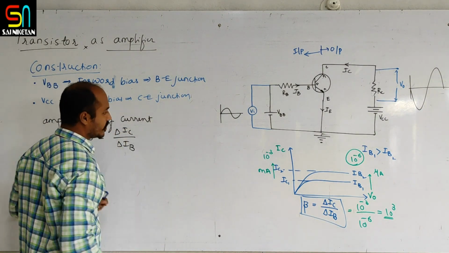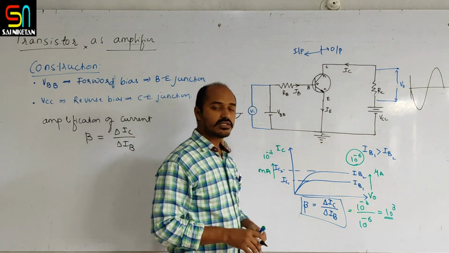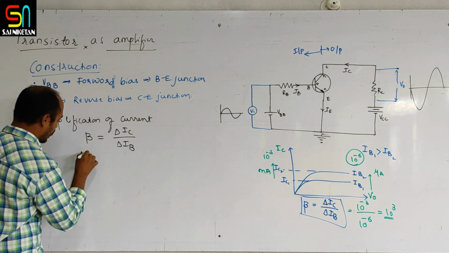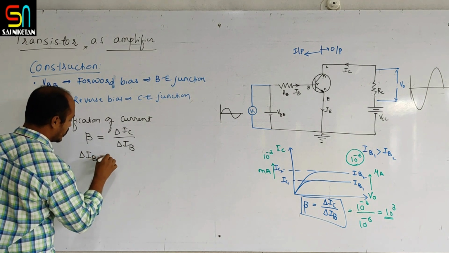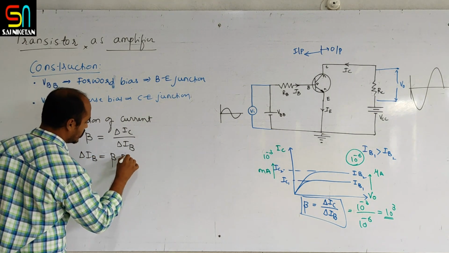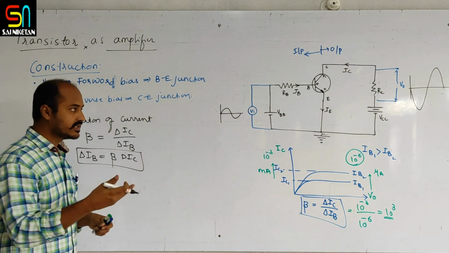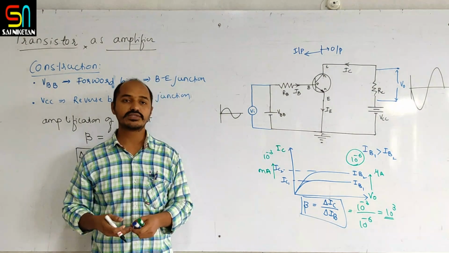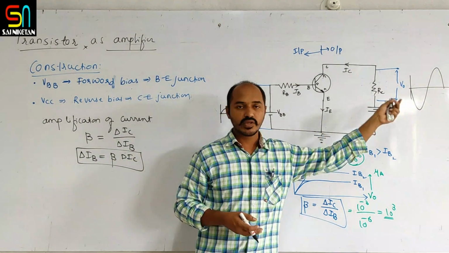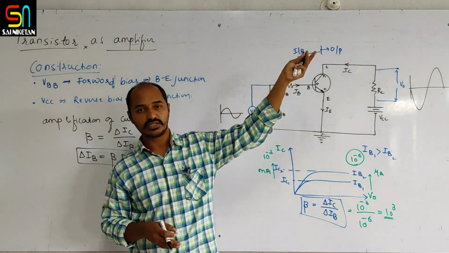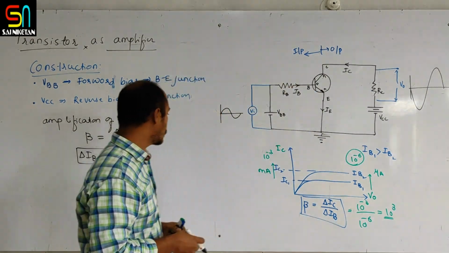From this relation, a very small change in input current leads to a very large change in output current. As the output current increases, that is nothing but the output signal. Hence we are getting the increased output voltage. So this is what the working is.